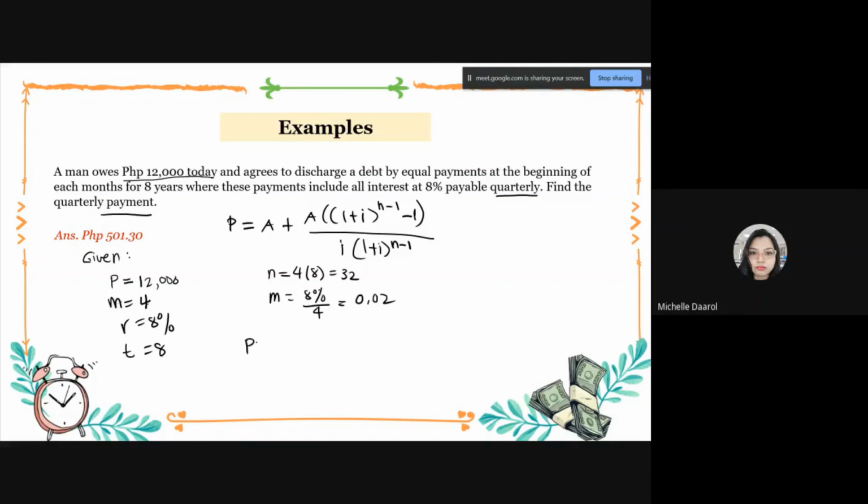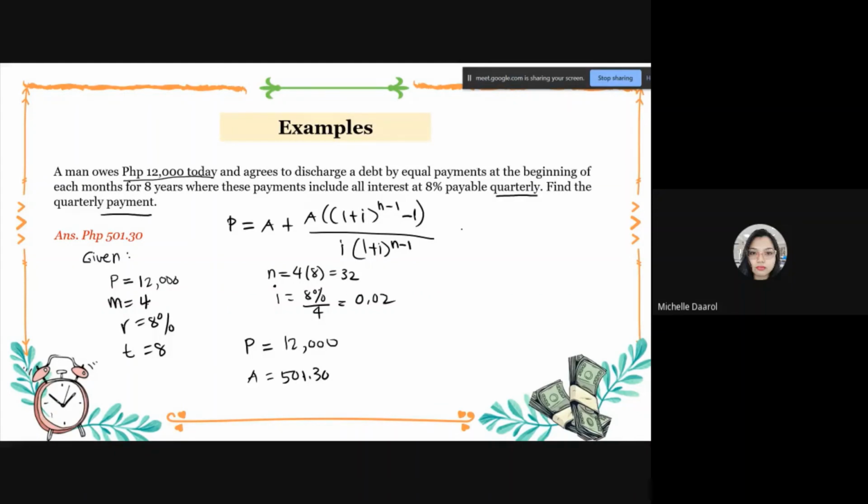So, sige, i-try og substitute when P is 12,000. So, A now becomes 501.30. Okay, 501.30.